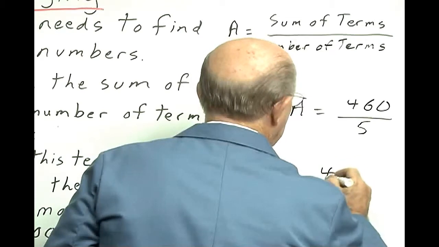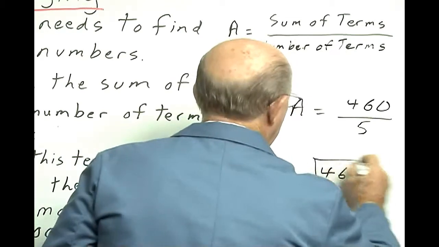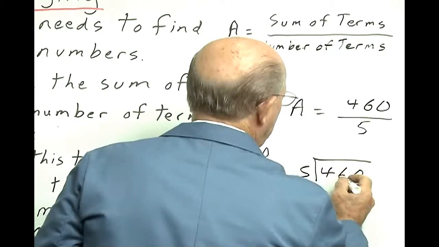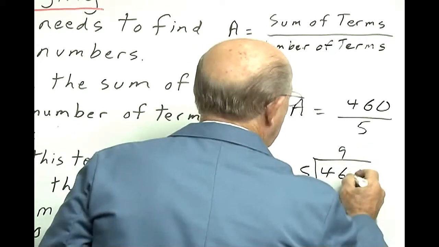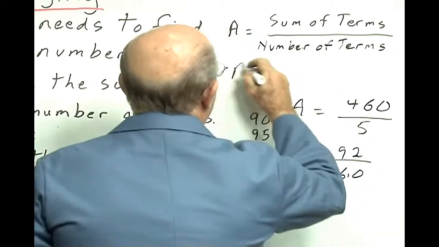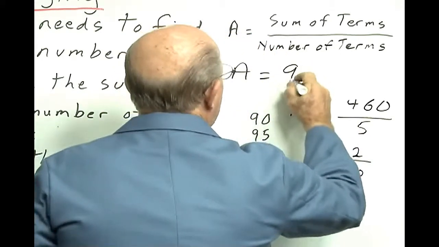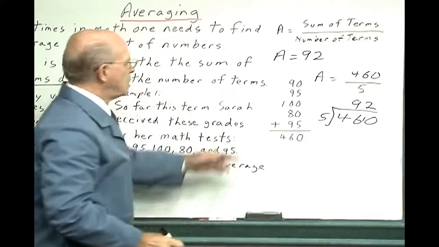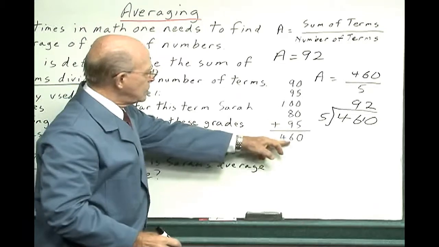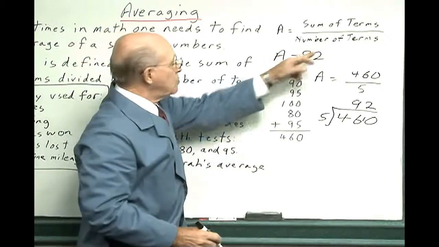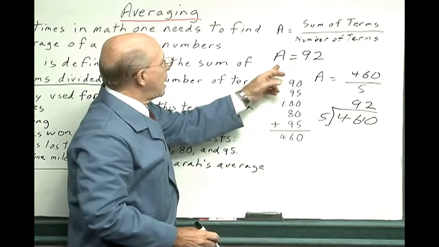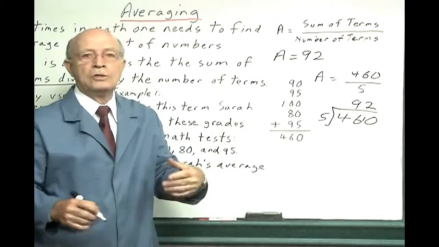So 460 divided by 5. 5 goes into 4 no times, goes into 46 9 times, 1 left over, 92. So A, the average, equals 92. So if you take these 5 grades that Sarah received, 460 divided by the number of terms, which is 5 grades that she got, that average equals 92.